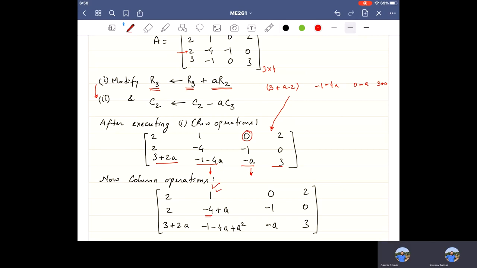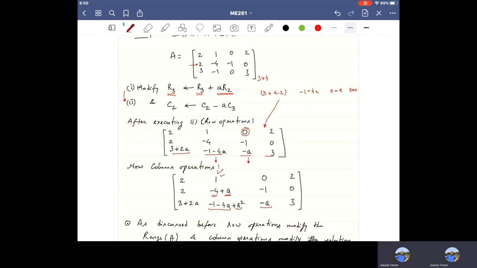Then minus 4 and minus A times minus 1 plus A. And here you have minus 1 minus 4A as column 2, and minus A multiplied by minus A and added to column 2, A square. So you get the modified matrix.